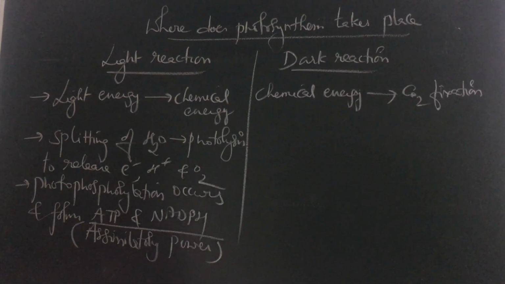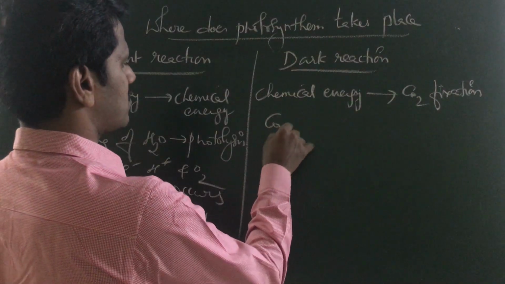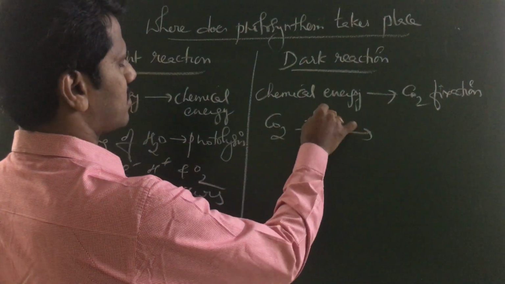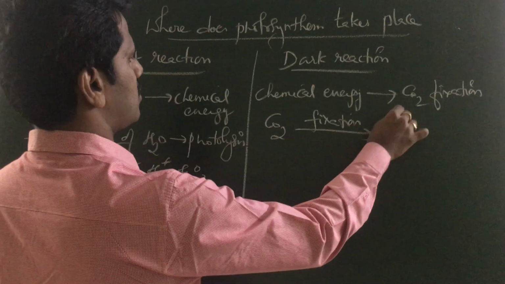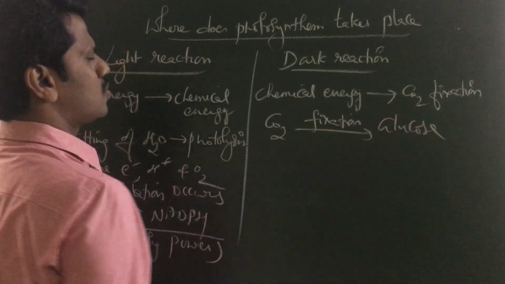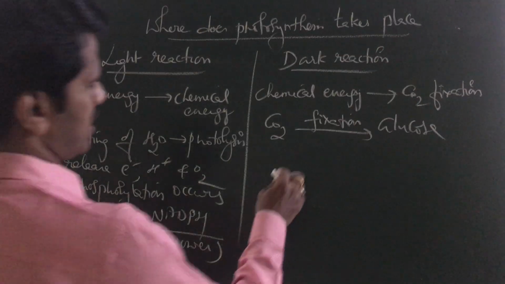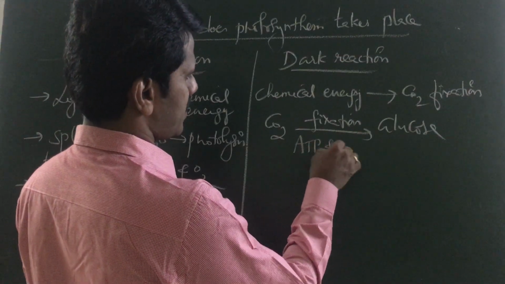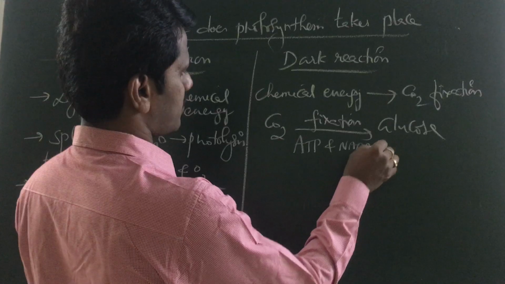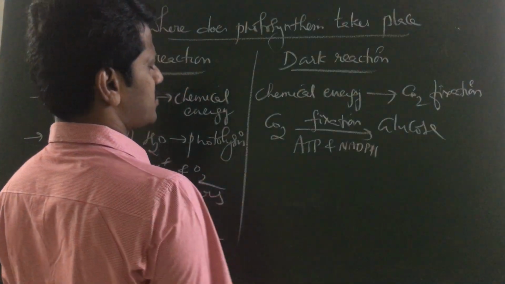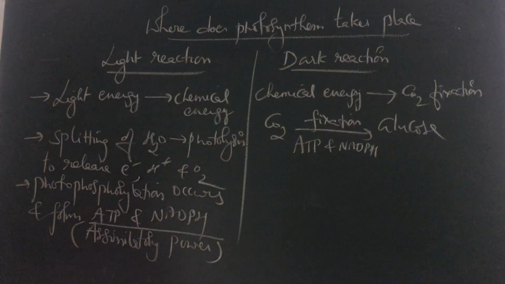The carbon dioxide here in the dark reaction is fixed to form glucose. So glucose is formed by the fixation of carbon dioxide. Okay, right. So it uses what? The assimilatory power, ATP and NADPH.